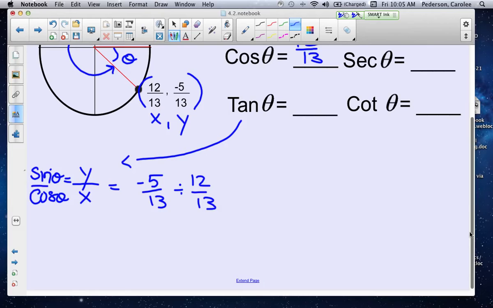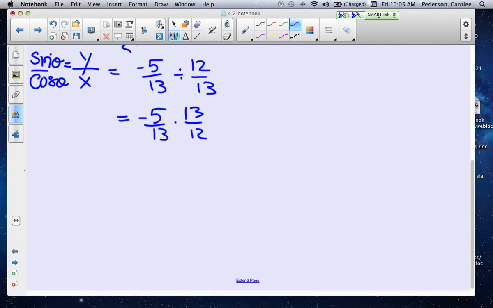So we keep the first fraction, we change it to the multiplication, and then we flip or reciprocate that second fraction. So negative 5/13 times 13/12. What happens to my 13s? Cancel, and I'm left with negative 5/12. So now we know the tangent.